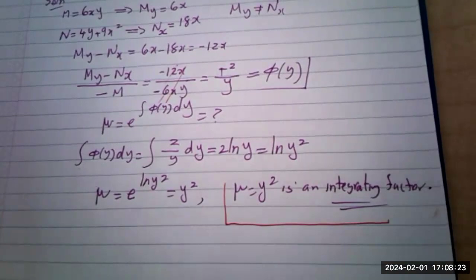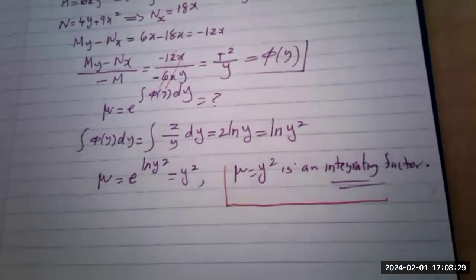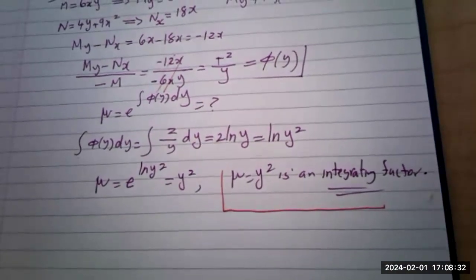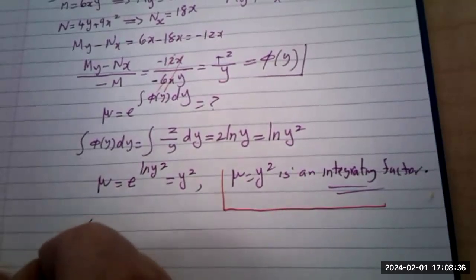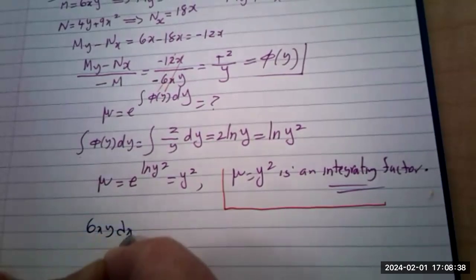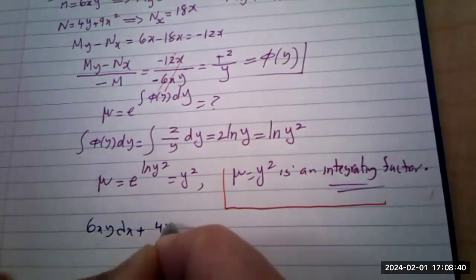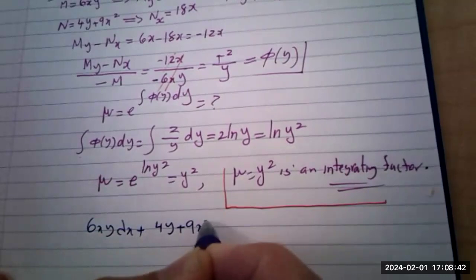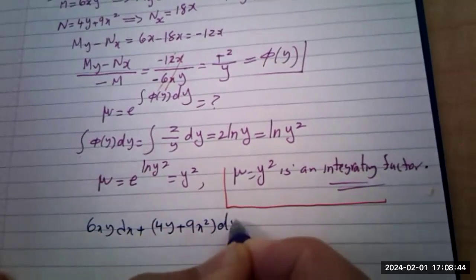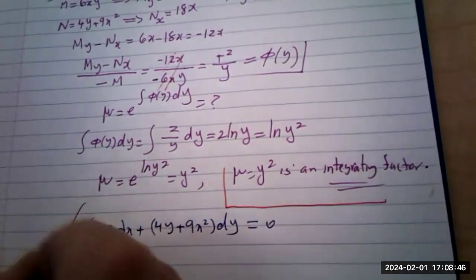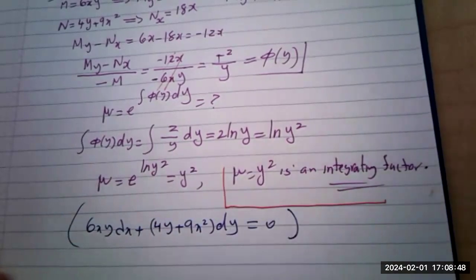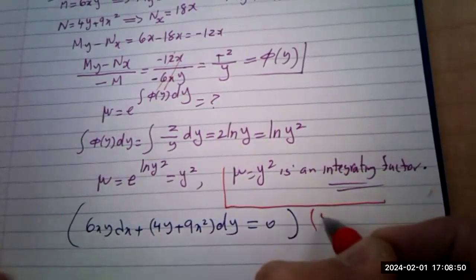Now the solution of the equation. You go back, you multiply both sides by y squared and work for the solution to the exact equation. So the equation is 6xy dx plus (4y plus 9x squared) dy equal to 0. I'm going to multiply both sides by y squared.